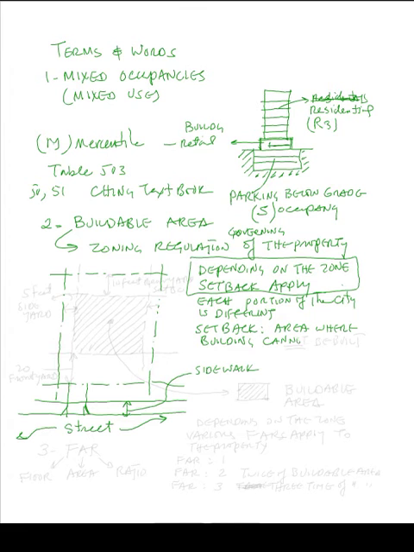You coming in, they tell you have a 20 feet front yard setback. That means you cannot build beyond this point toward the street. Then they tell you you have a 5 feet side yard setback. So here is that on both sides.